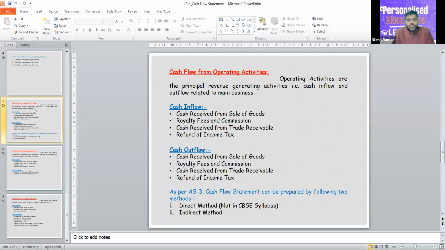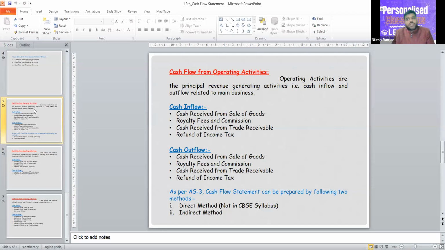Okay, sir. Now cash inflow. Cash received from sale of goods. Yes, obviously we are selling our main item, so it is cash inflow. Royalty fee and commission. Cash received from trade receivable. Royalty fee is included in cash inflow of operating activities.